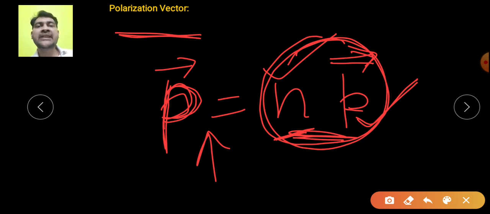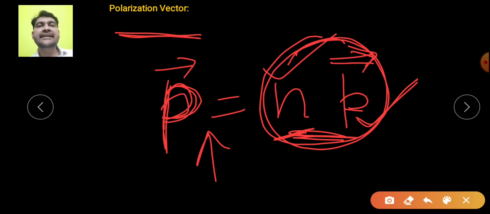But in both the cases, this P vector depends upon the electric field intensity which you have applied externally, because in both polar and non-polar molecules the net dipole moment is always zero if you do not apply electric field. If you are not applying electric field, then resultant electric dipole moment of whole substance is always zero. But when you apply external electric field, then net electric dipole moment in both substances, either polar or non-polar, is not zero.